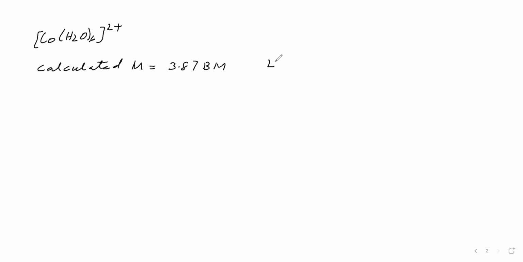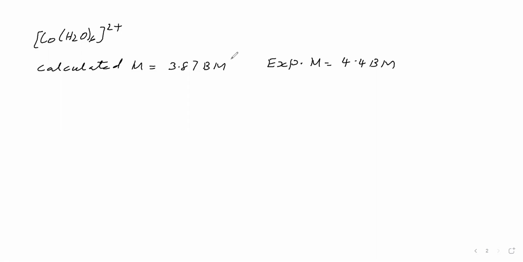The experimental magnetic moment is 4.4 Bohr magneton. The calculated value and experimental value show much difference. Why are the calculated and experimental values different for this?